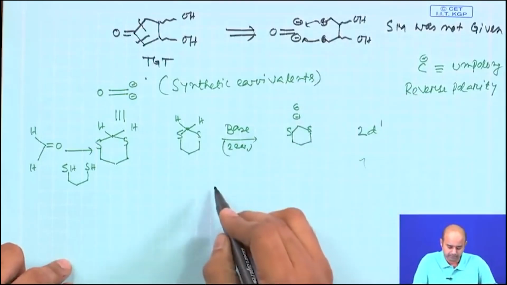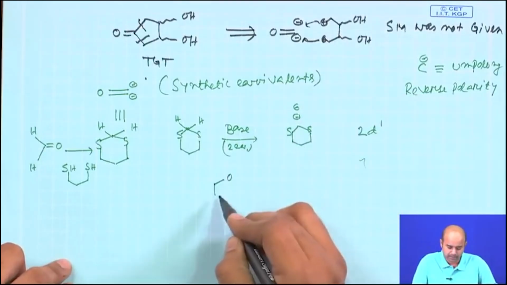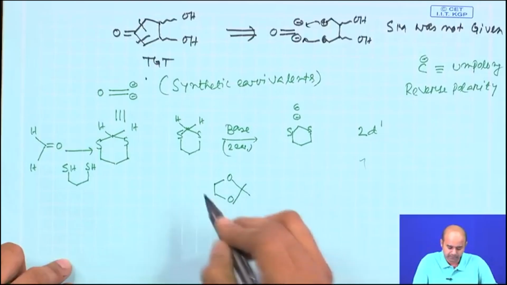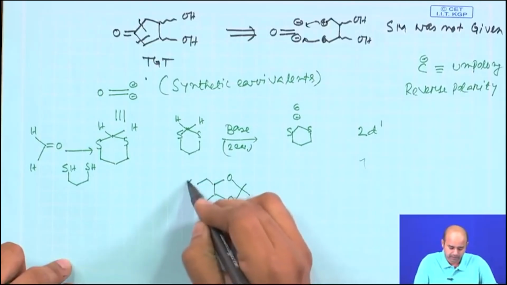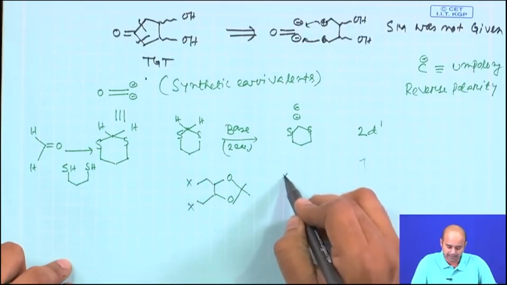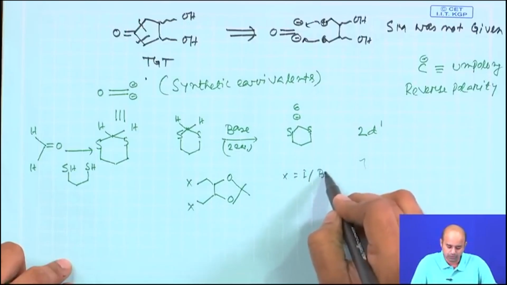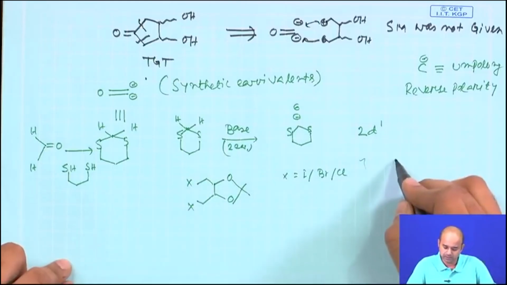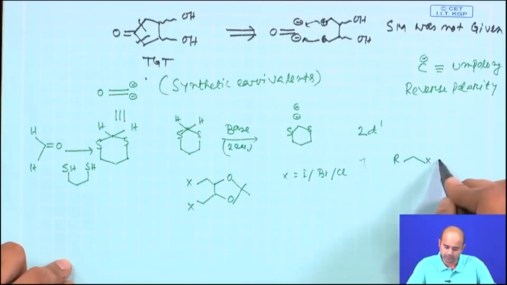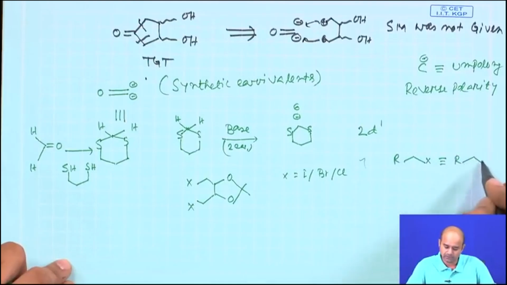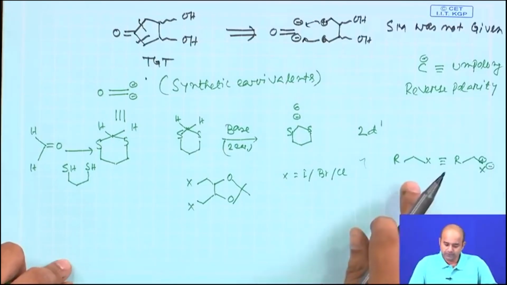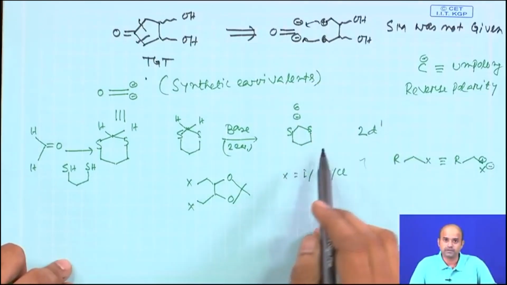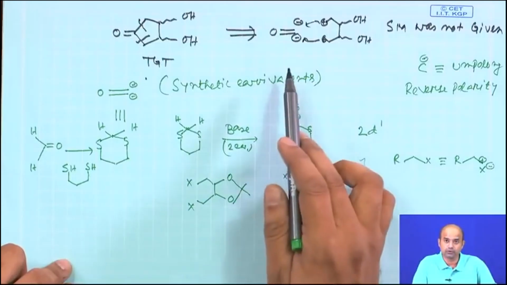Now, coming to the right hand side, if you have a compound something like this, where X stands for iodo or bromo or even chloro, meaning CH2Cl, any alkyl halide, you can potentially write it as RCH2 plus and X minus. So, this iodo species can be viewed as an electrophile and this is a nucleophile.